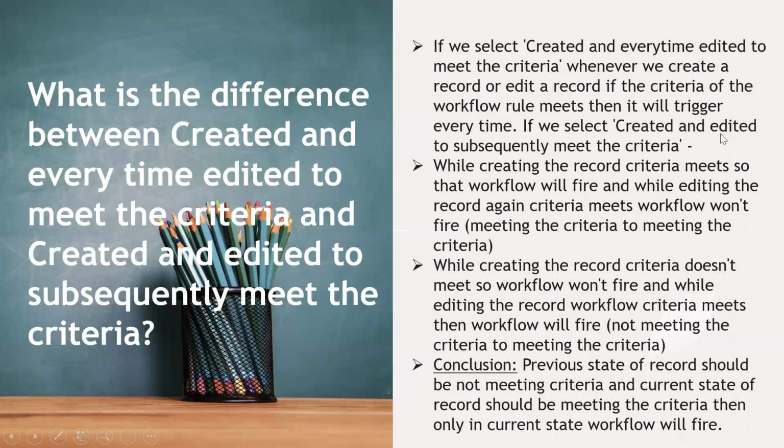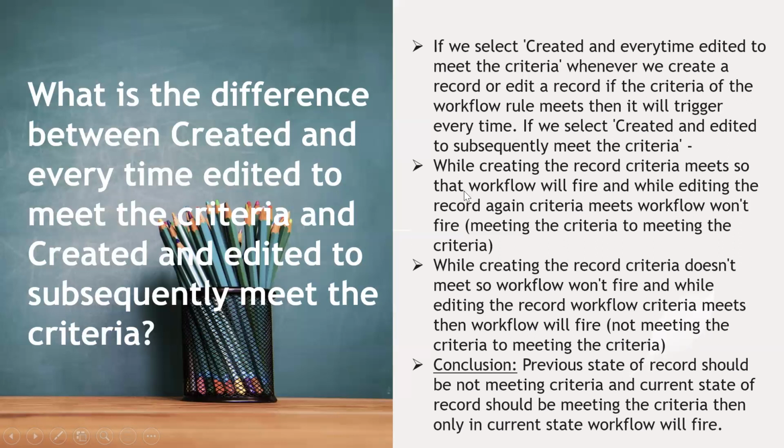If we select created and edited subsequently meet criteria: while creating the record the criteria is met, so the workflow will fire, and while editing the record the criteria is met again, the workflow won't fire. Or, not meeting the criteria to meeting the criteria: while creating the record the criteria isn't met, so the workflow won't fire, and while editing the record the criteria is met, so the workflow will fire.